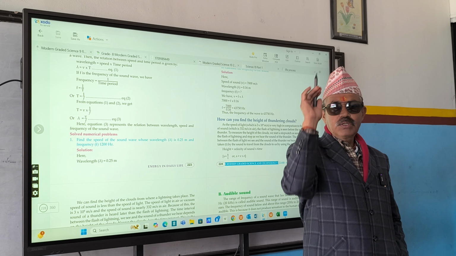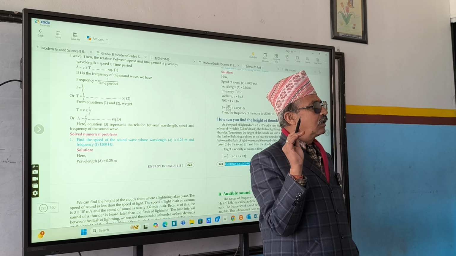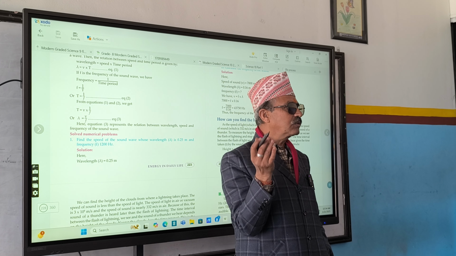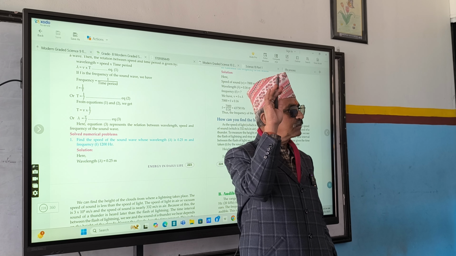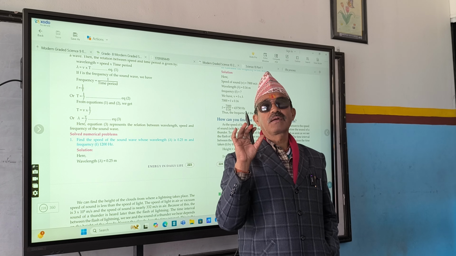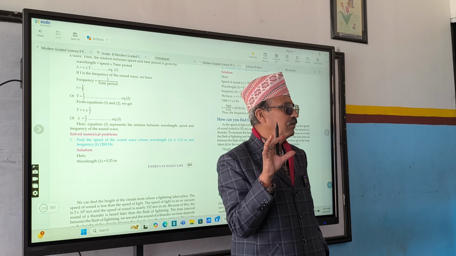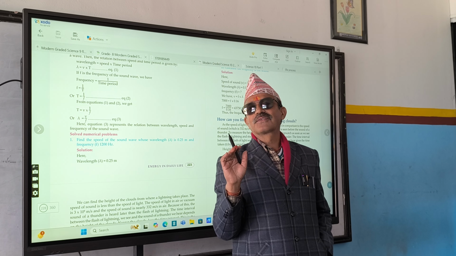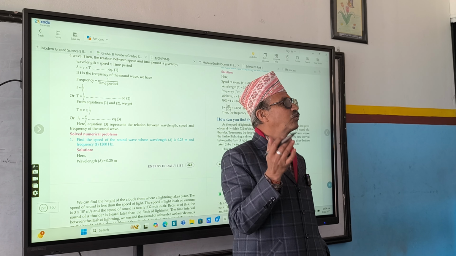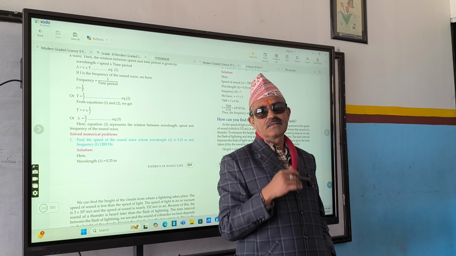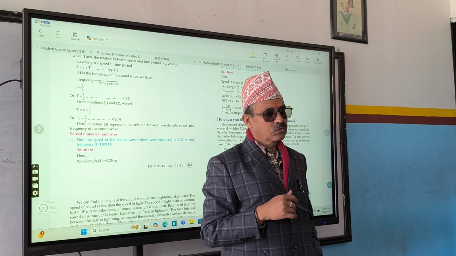Which one is faster, lightning or sound? Lightning is very fast. We see lightning, and after some time, sound comes, right? It shows that light travels faster than sound. So how to find how high the lightning or thunderstorm cloud is?